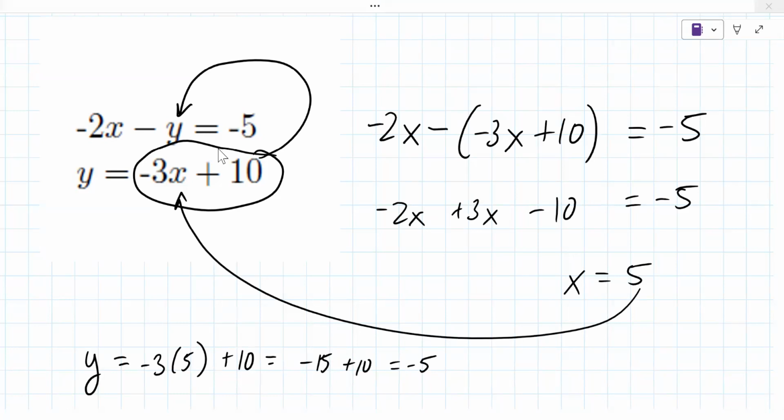Y equals minus 5. Good, really good. Okay, good lesson today. We're going to go ahead and stop right here.